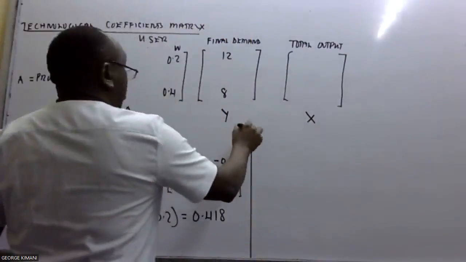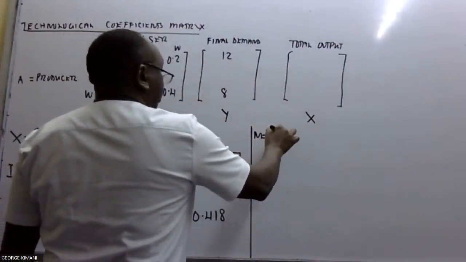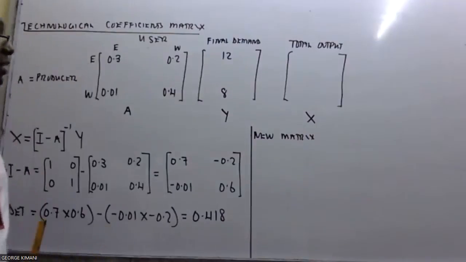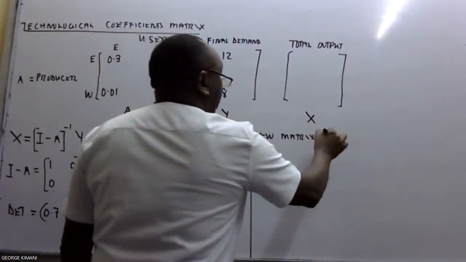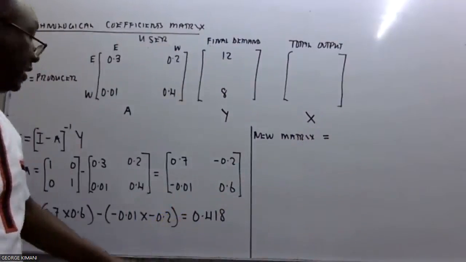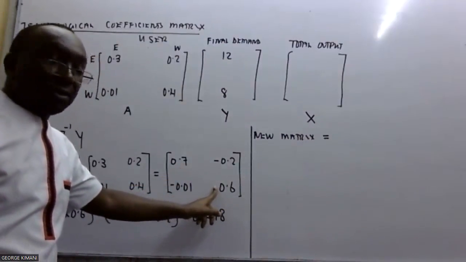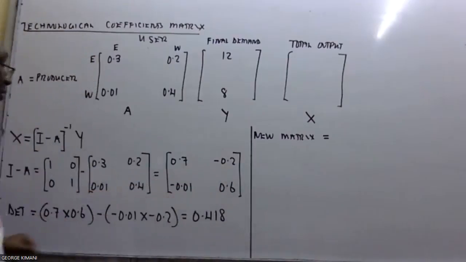Then you look at the new matrix. The new matrix is created by interchanging the positions of the major diagonal and changing the signs of the minor diagonal.